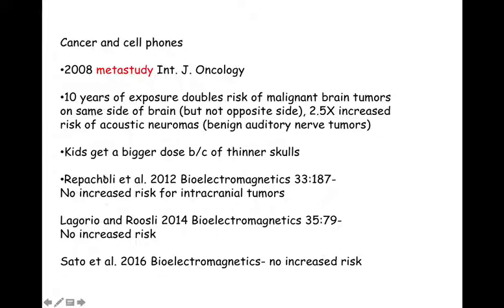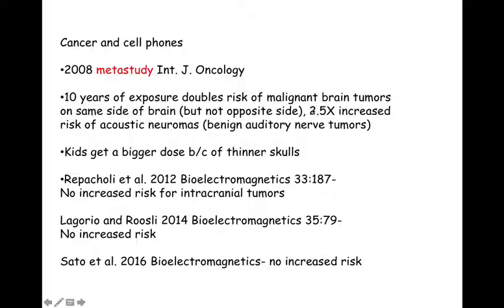And they found that 10 years of exposure doubles the risk of malignant brain tumors on the same side of the brain, but not the opposite side of the brain. So if you hold your phone up to your right ear, if you're right-handed, and you've been doing that for 10 years, your risk of a malignant brain tumor on that side of your head versus the other side of the head is twice as high.